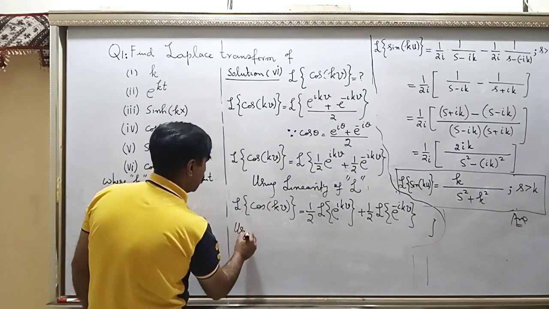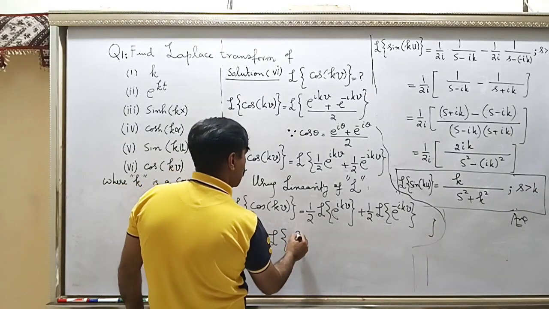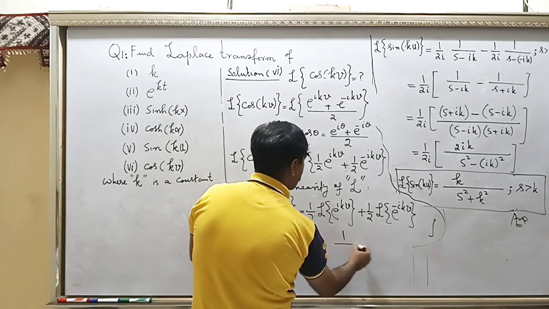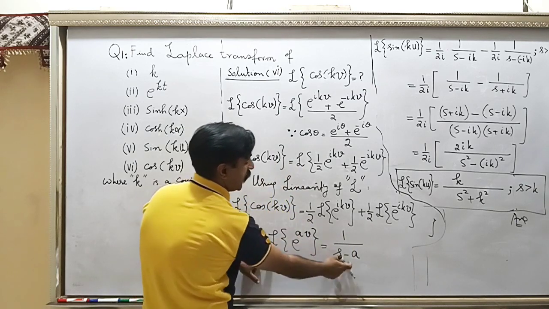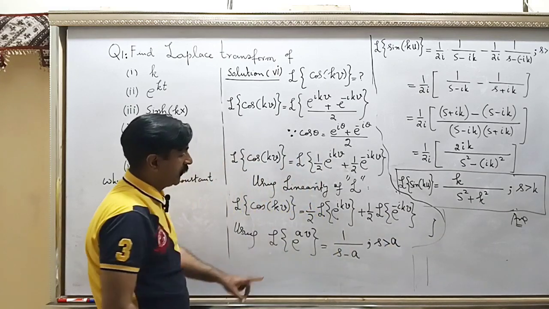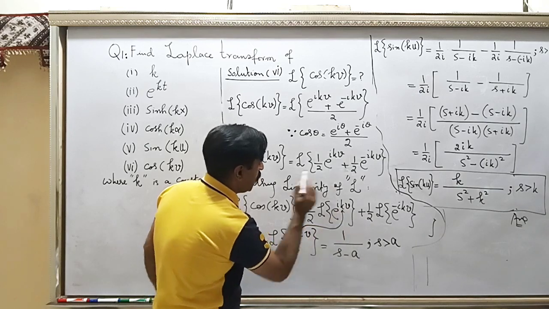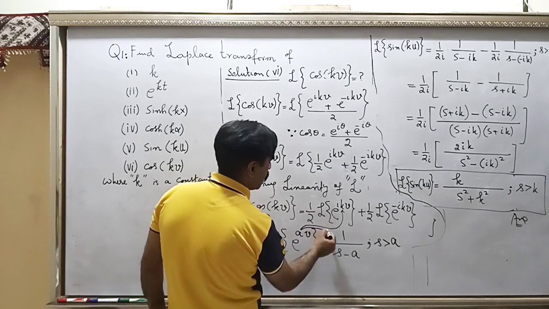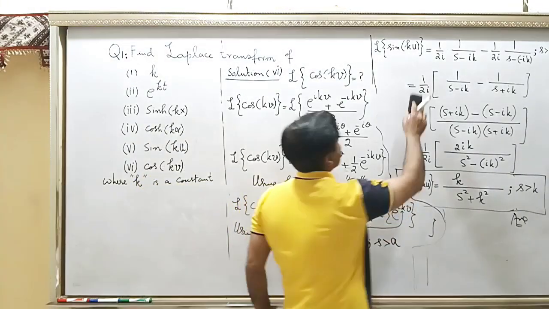Now using Laplace transform of e to the power a v, for example, this is 1 over s minus a. The variable v will vanish and a is there, and the condition is that s is greater than a. Use this. When you use this, then a is ik, and when you use this, then a is your minus ik. Let's use it.